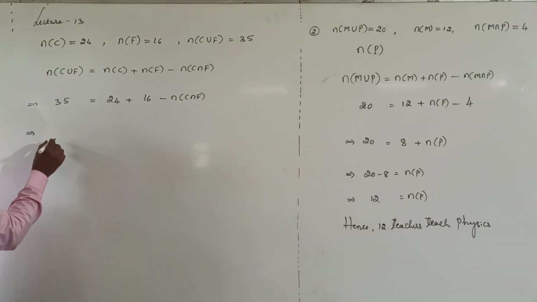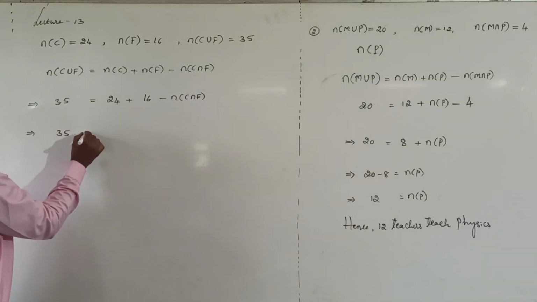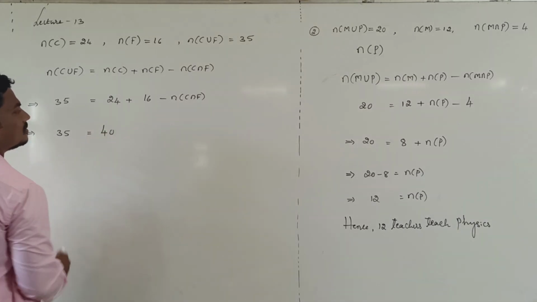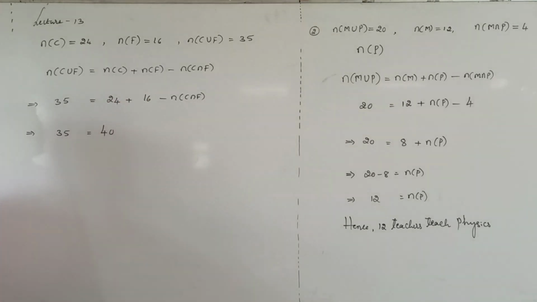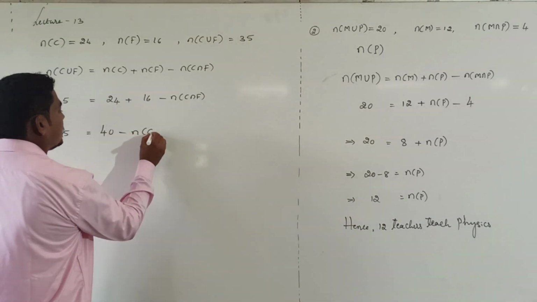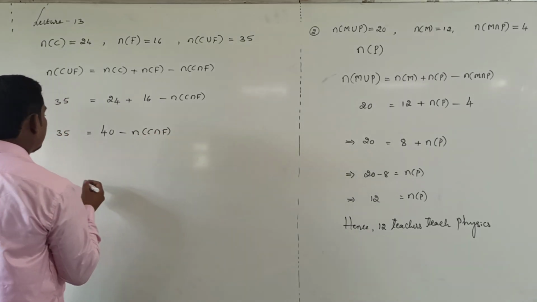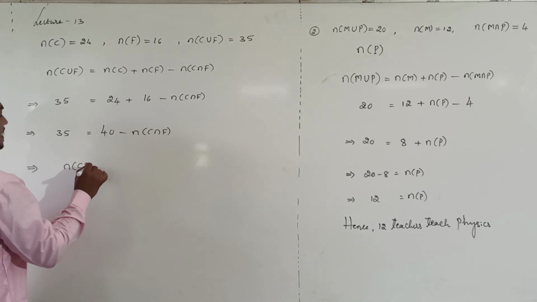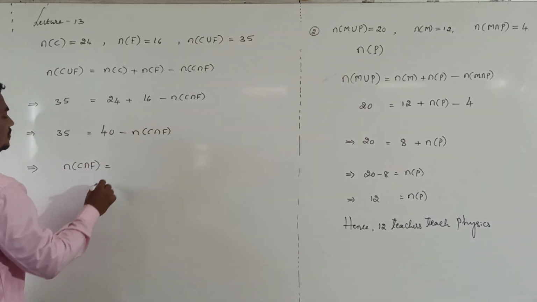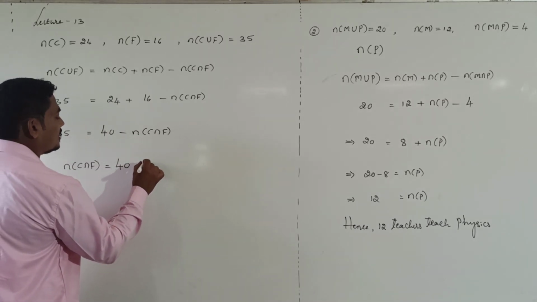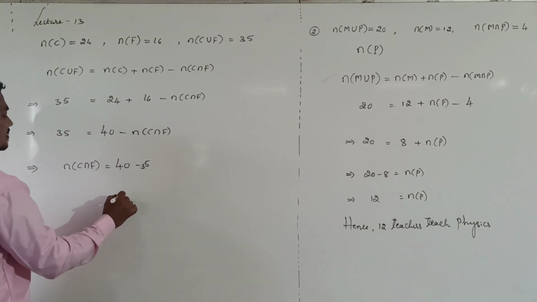Now just rearrangement, 35 is equal to 40, 24 plus 16 that is 40, minus n(C intersection F). Now just rearrangement, n(C intersection F) is equal to 40 minus 35, that's equal to 5.